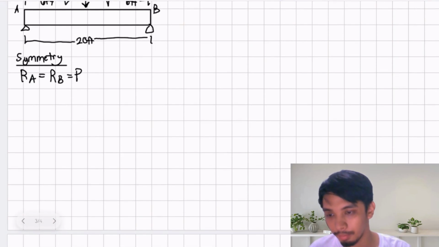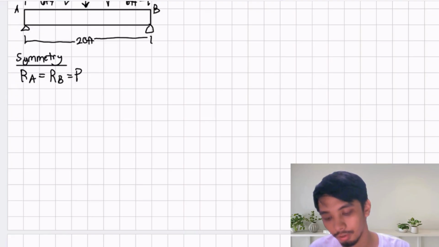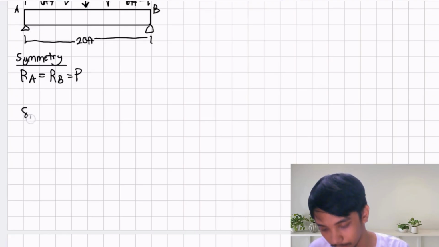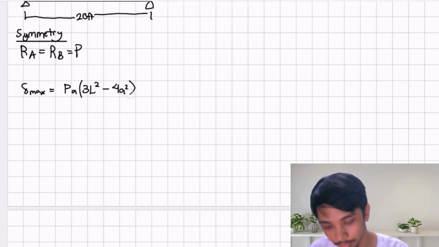Now, using the conjugate beam method or direct integration of the elastic curve equation, we can determine that the maximum deflection formula is equal to P times A multiplied by 3L squared minus 4A squared, all over 24 EI.